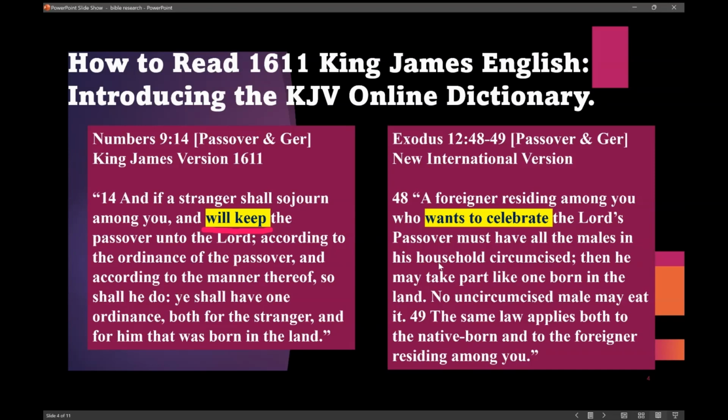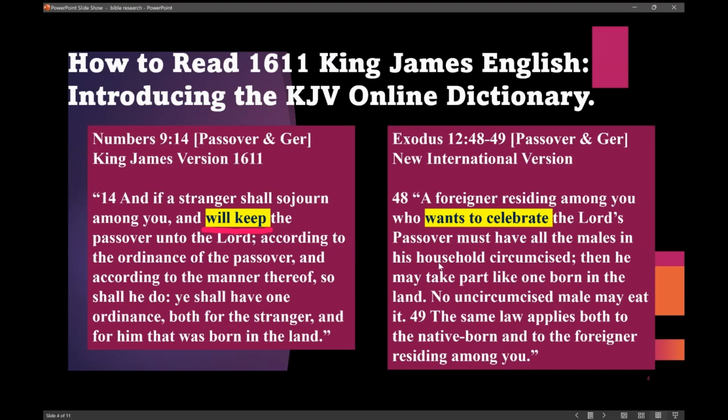If I said you will do something, you must do it, right? That's not even what makes sense in the sentence. The sentence suggests it means, even in modern English today, "wish." So listen to it again: "And if a stranger shall sojourn among you and will keep the Passover," that means it's in his will to do it. But we're not going to just rely upon our own modern instincts.